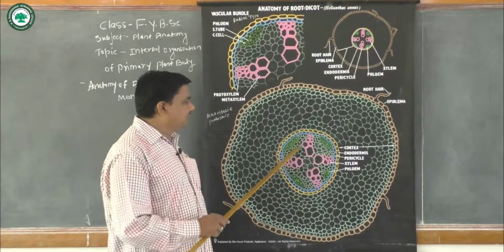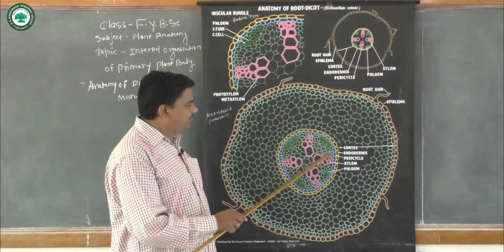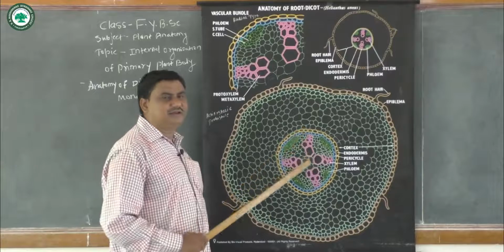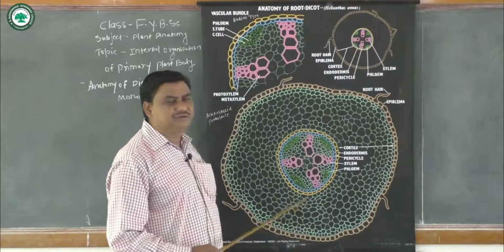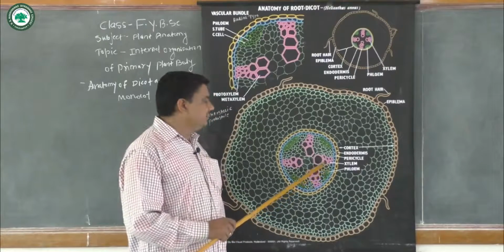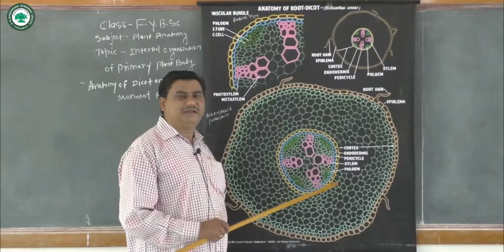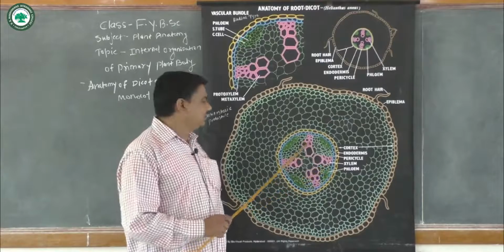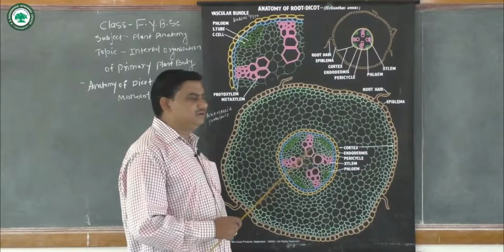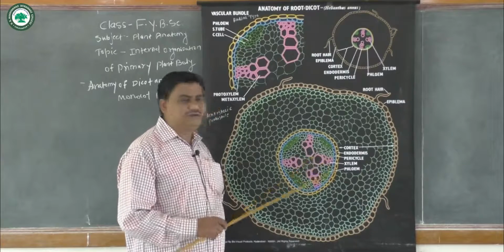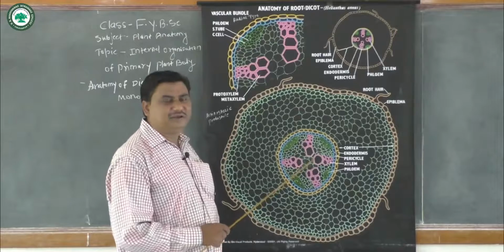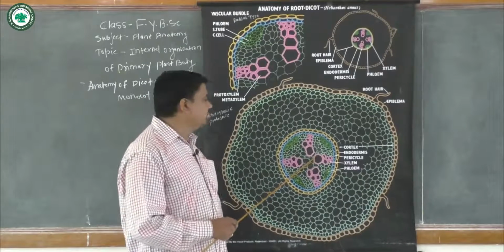Between the xylem and the phloem there are parenchymatous cells, and that particular cell is called the conjunctive cell. This conjunctive cell performs its function during secondary growth, when it forms the cambium. In the center there is the pith, and that pith is not fully developed.